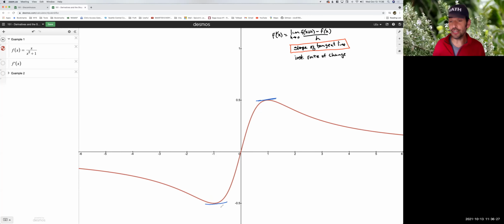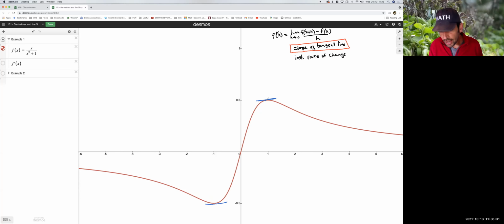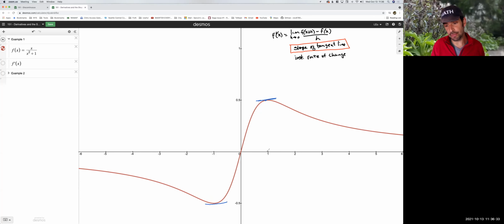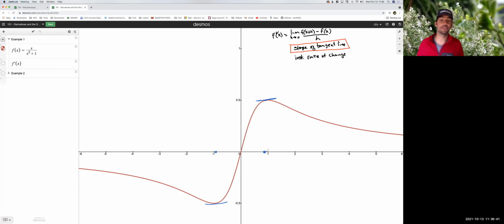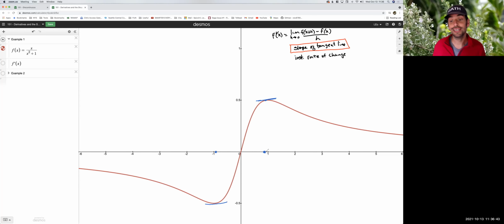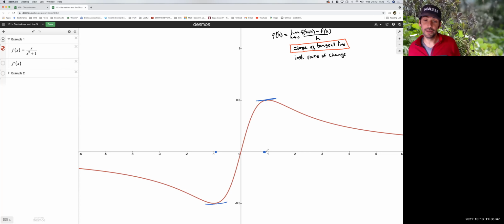So the derivative function, f prime of x, at about the peak, I'm just eyeballing it, maybe near 1 and near -1, must be equal to 0, which means the graph would pass through the x-axis.